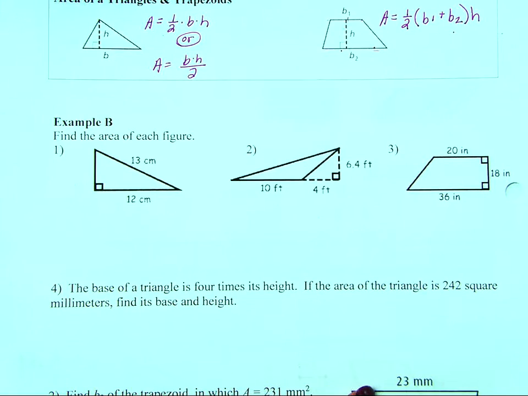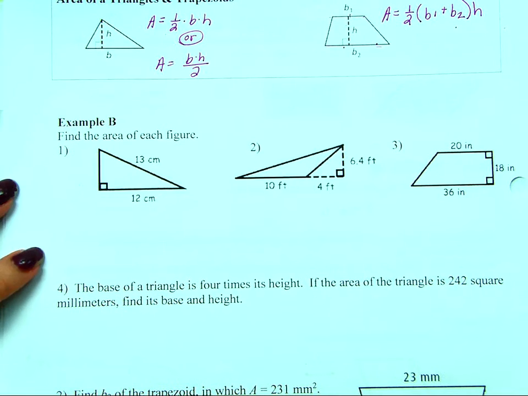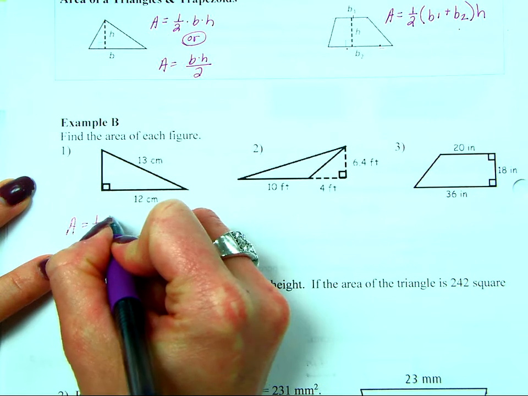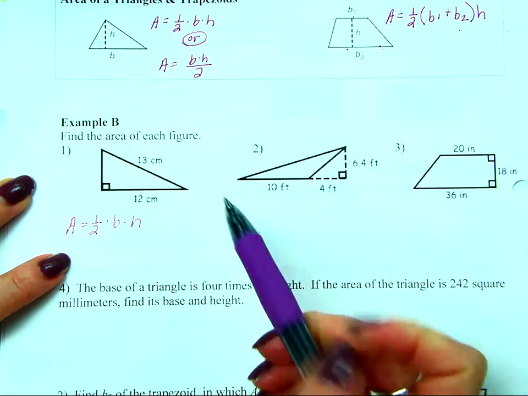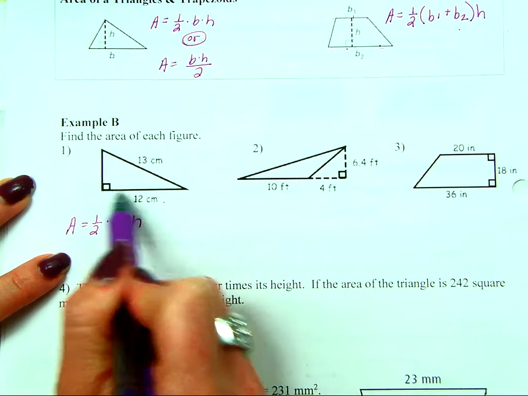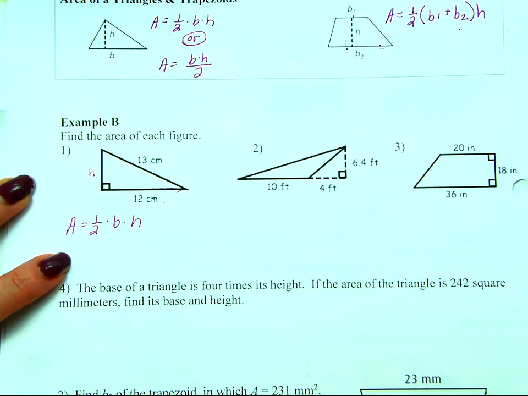So if I take a look down below, simply finding the area, sometimes we have to do a little bit of calculating in order to have all of our information. We know that for our triangle here, the area is 1/2 base times height, and our base and our height are not the 12 and 13. If I use 12 as my base, I need to look for h, my height.